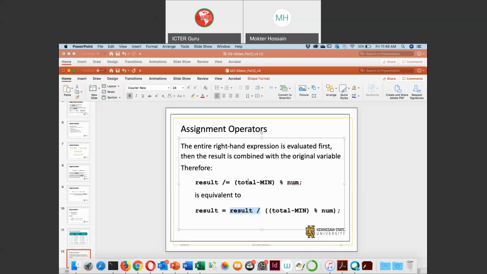This is the shorthand notation. Skilled programmers like to use that, to make our program code look better.